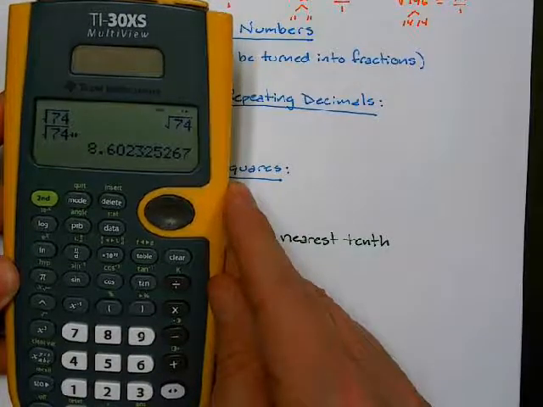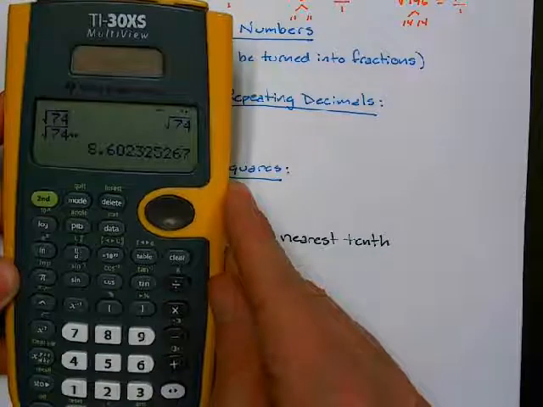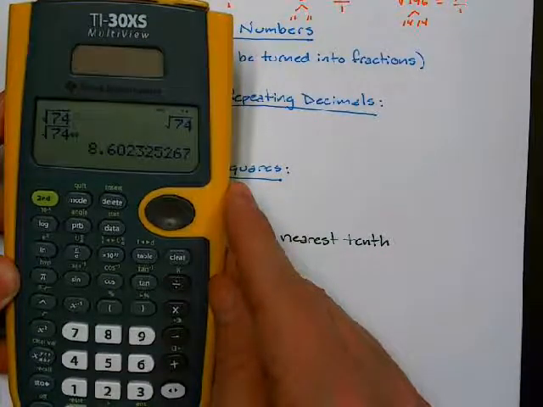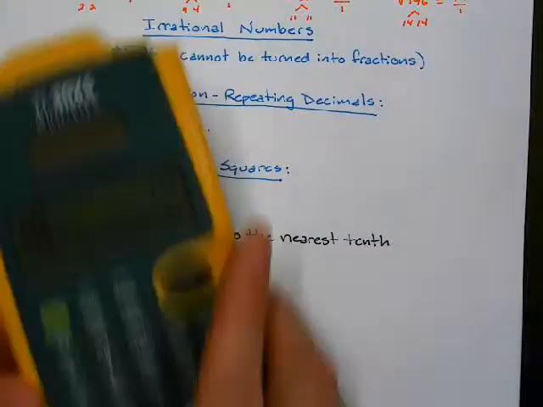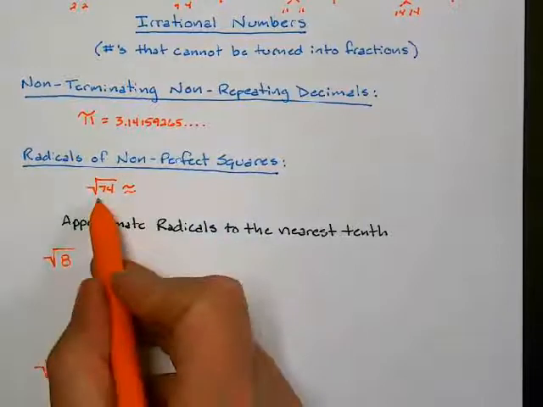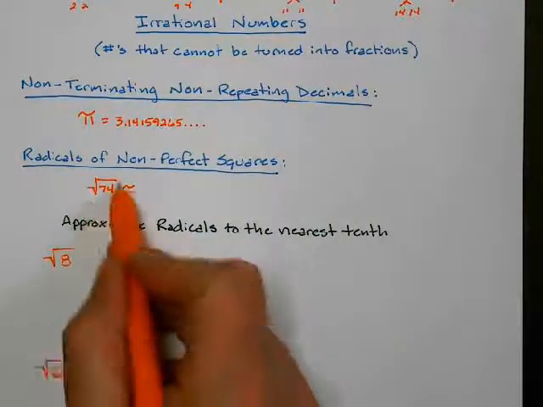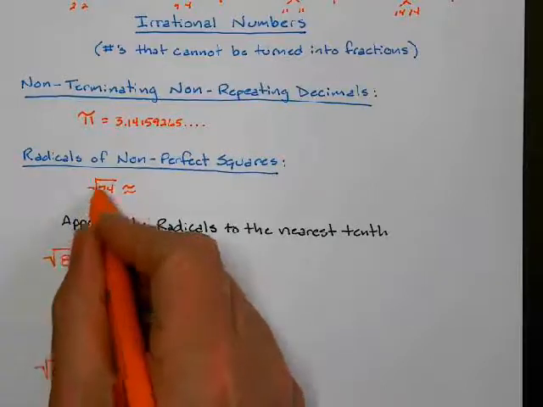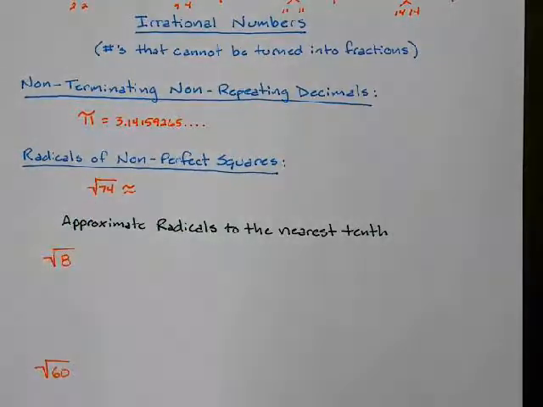The square root of 74 actually goes forever, and it never repeats itself. It's like pi. So the square root of 74, the best way to write that number is just to leave it like this, and see we're using this symbol. If we're using symbols, that means it's impossible to actually write down the number because it just goes forever.